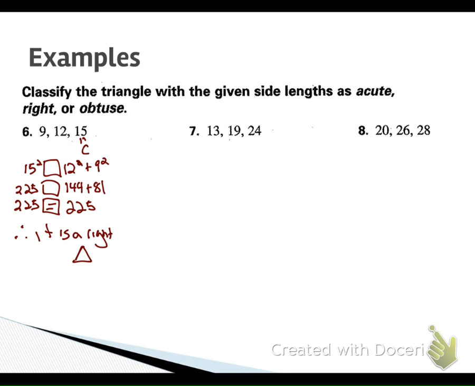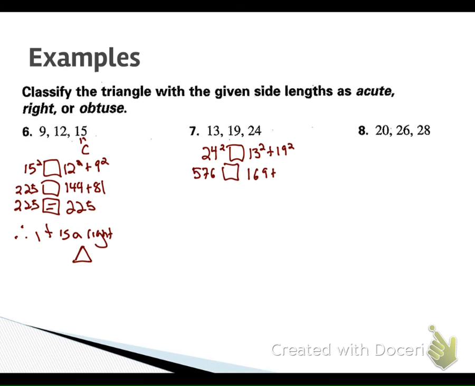Our next one, again, we're doing the exact same setup, but now we're trying to see what this one is. So our biggest side is c. Which one is our biggest? 24 squared, box, 13 squared plus 19 squared. 24 squared is what? 576. Box. 13 squared, 169.